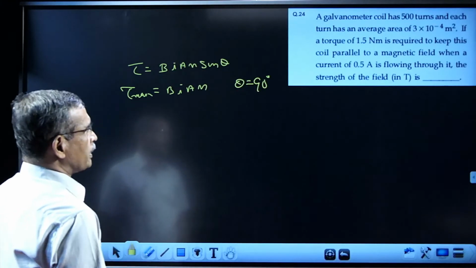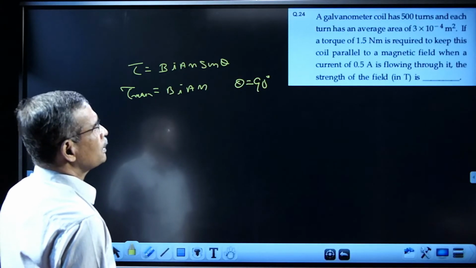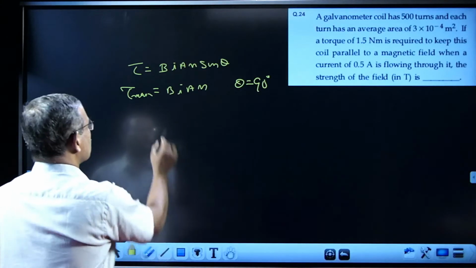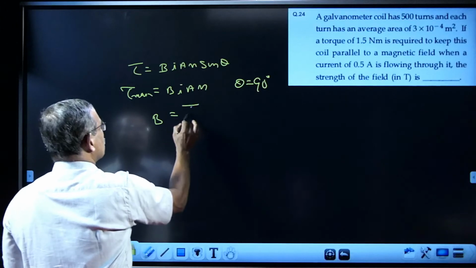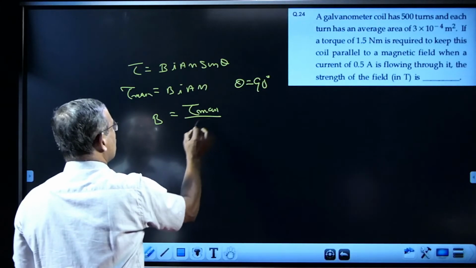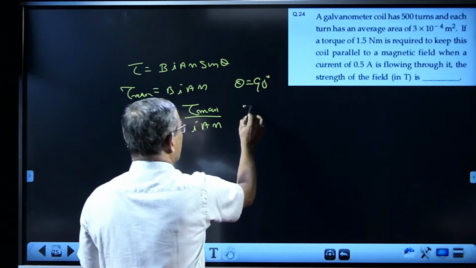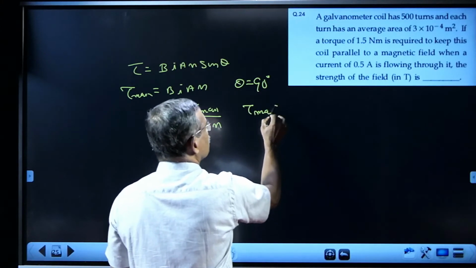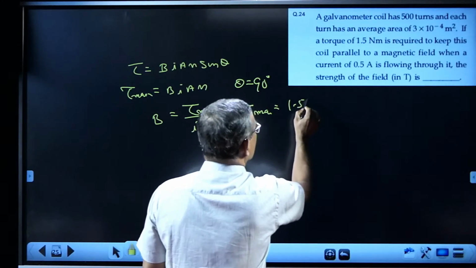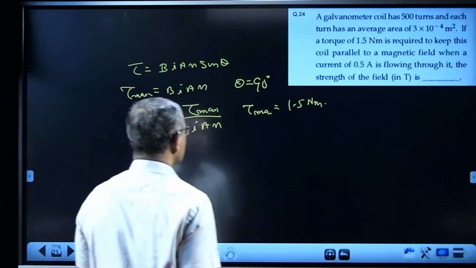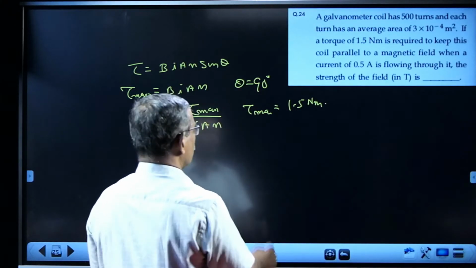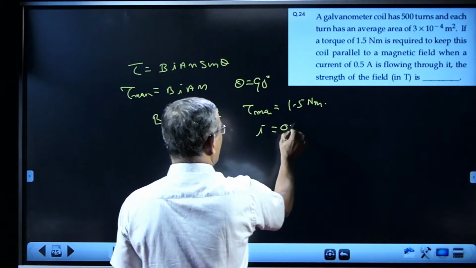And here the question is the strength of the field. So B is equal to tau max by IAN. Tau max is given as 1.5 newton meter. The current I is 0.5 ampere.